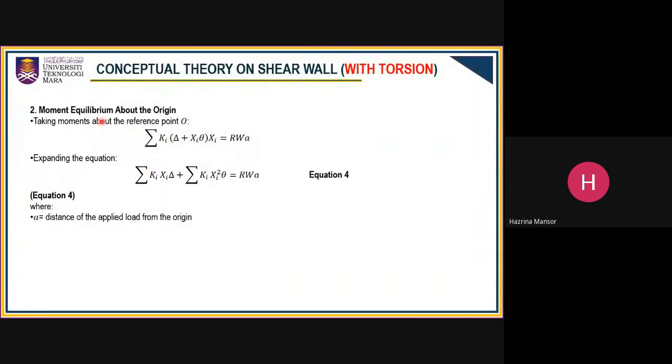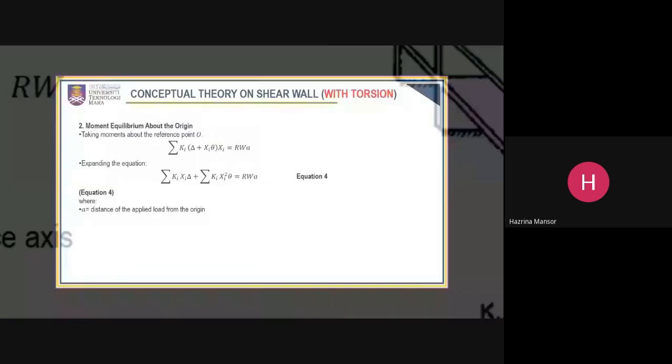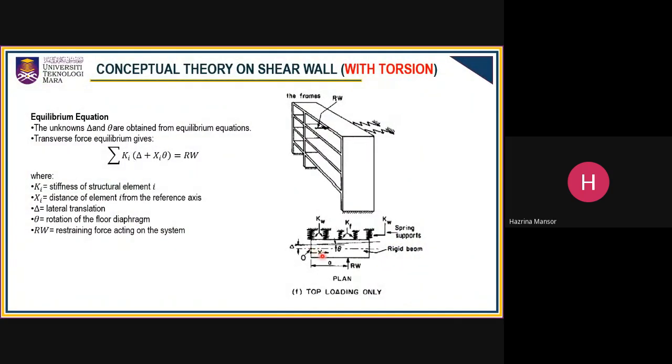Then, in order to get the moment equilibrium about the origin, as you can see the origin is here, each of the forces acting at the shear wall needs to take a moment about the origin.